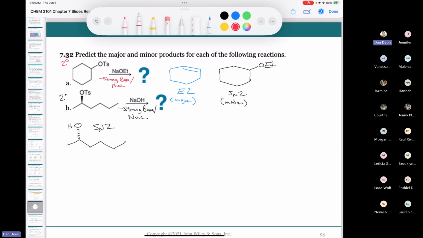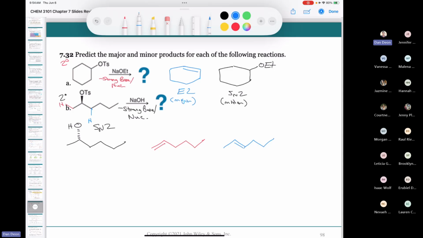But in terms of the E2 products, we've got a beta proton here, and we have beta protons here. If I pull off the proton in red, I'm going to end up with this compound. But if I pull off the proton in blue, I'm going to end up with this compound. Now, I'm missing a compound here. Could anybody tell me what compound I'm missing?